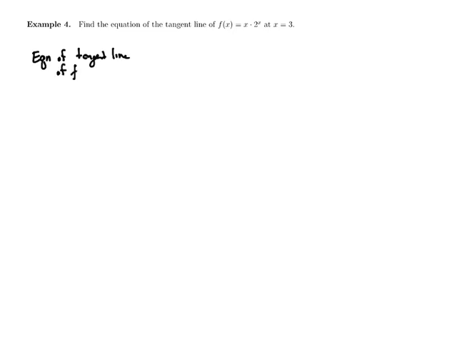The equation of the tangent line of f of x at x equals a is y equals f of a plus f prime of a times x minus a. This f prime of a, this derivative, is the slope of the tangent line.